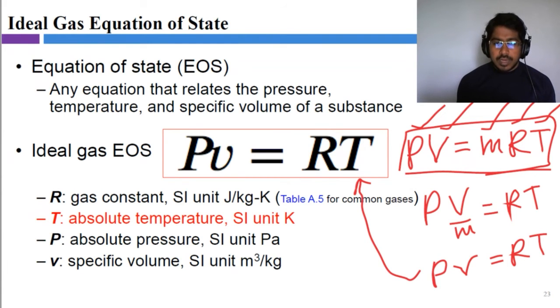I am pretty sure that you have used this equation in another form, nRT, the mole-based form, right? Even in that case, the most common mistake we make is forgetting to use the Kelvin scale for temperature. In this equation, you have to apply the temperature in kelvins and kelvins only. If you do not, your answers are completely wrong and you are going to lose a bunch of marks.